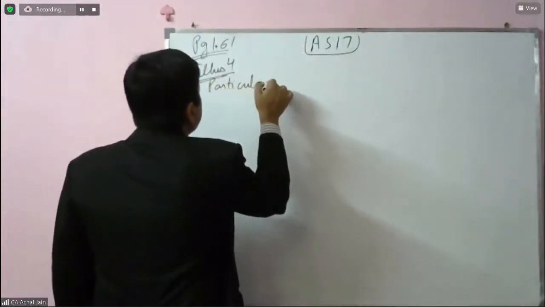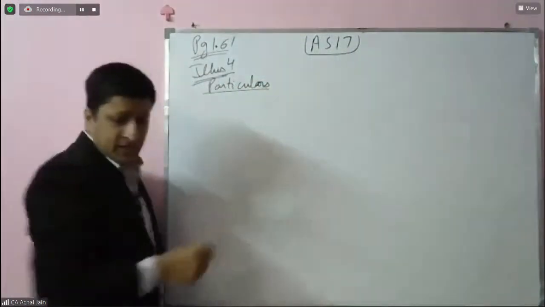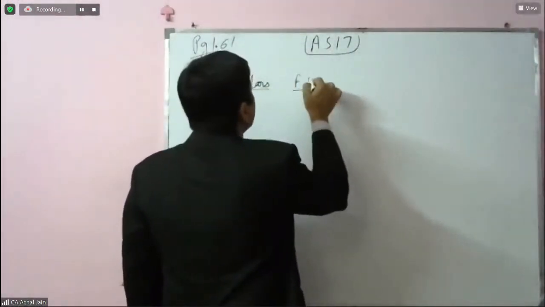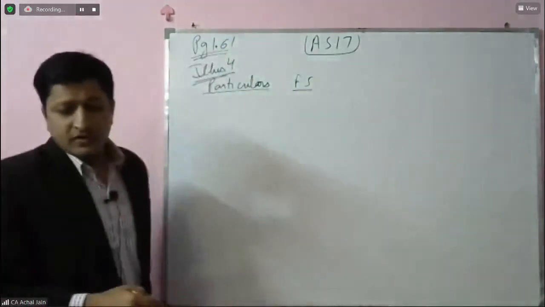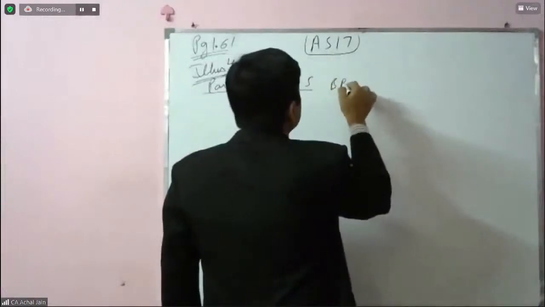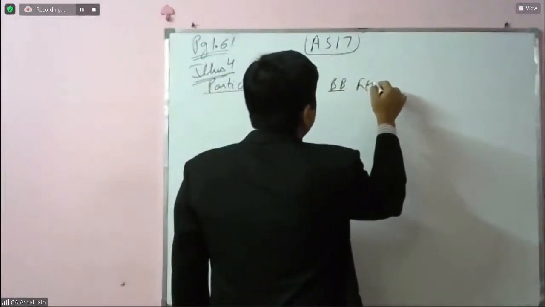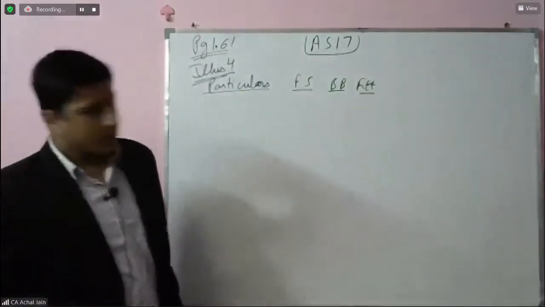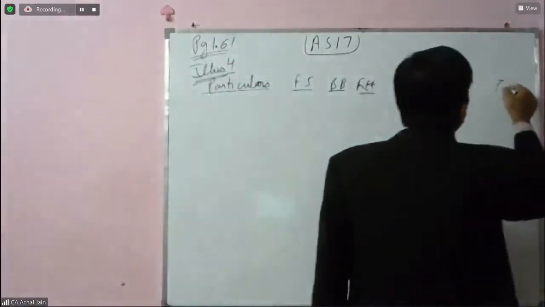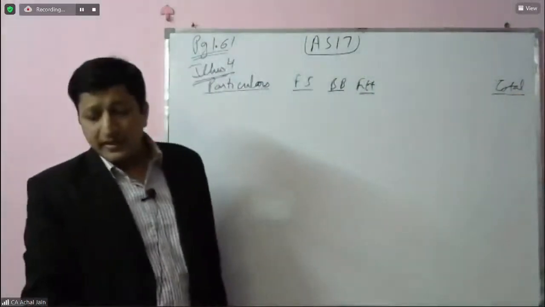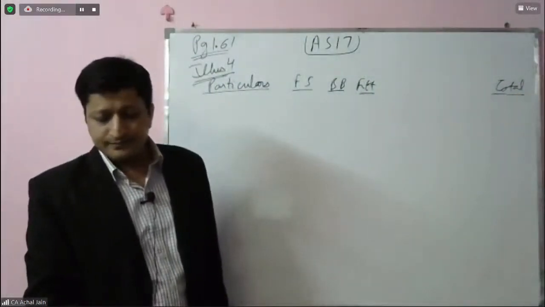Similarly, we'll have a particulars column over here. Then we have forging shop division. Forging shop. Then we have bright bar division, fitting. Bright bar, fitting. Then we also need total and something which will remain unallocated.